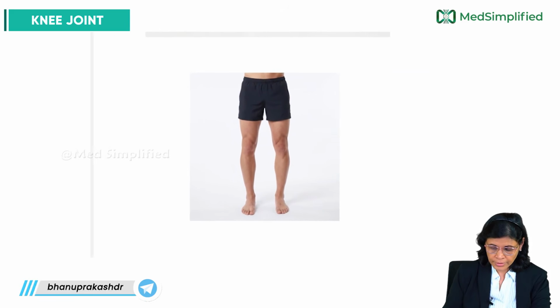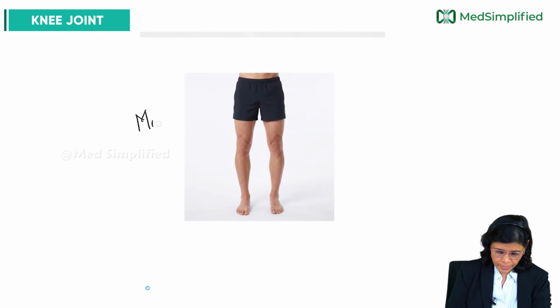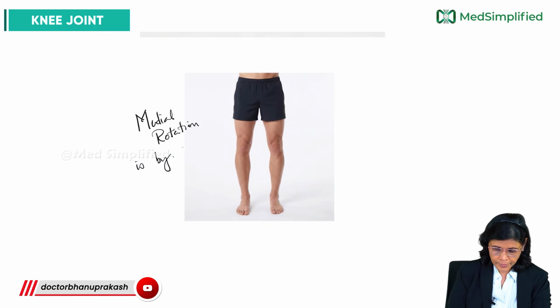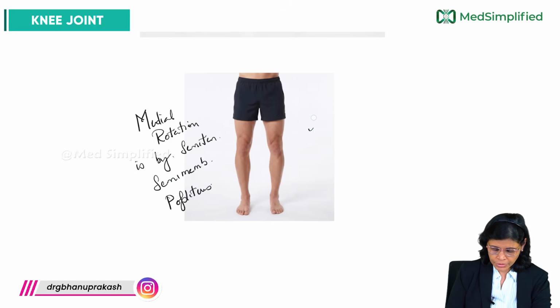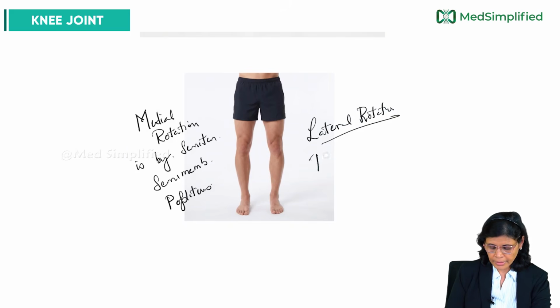So the medial rotation is by the semitendinosus, semimembranosus and the popliteus, whereas lateral rotation is mainly by the biceps femoris.